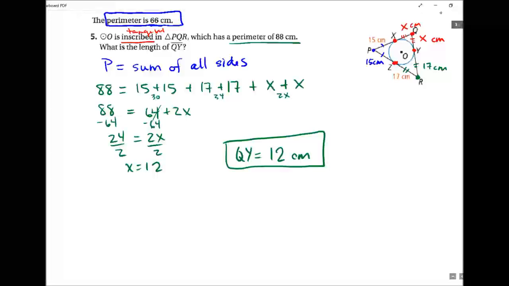I add up all of my sides. I get 88 is 64 plus 2x. X plus x is 2x. I do my opposite operations. I get x is 12. So I'm asked for the length of segment QY. The length of QY is 12 centimeters. Now, that's not too bad.